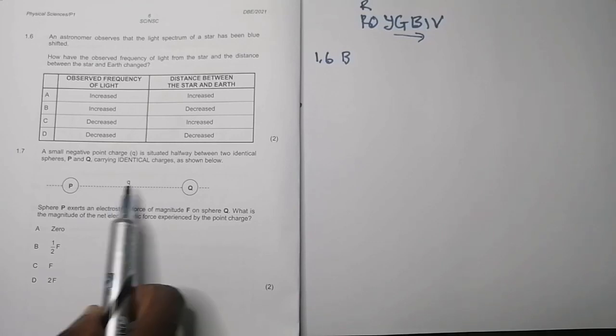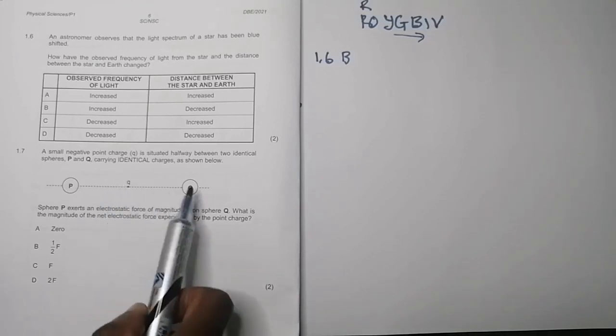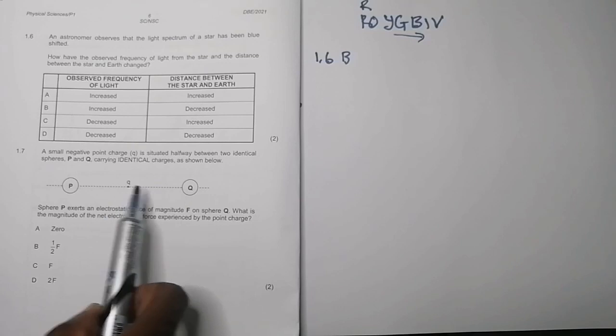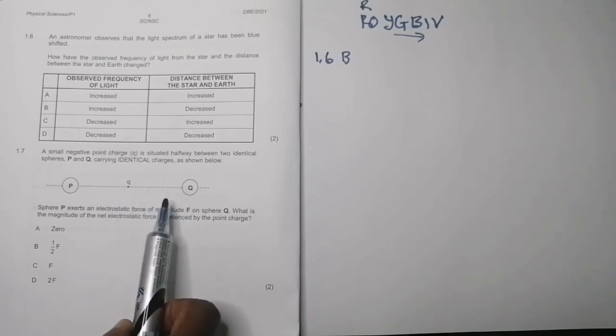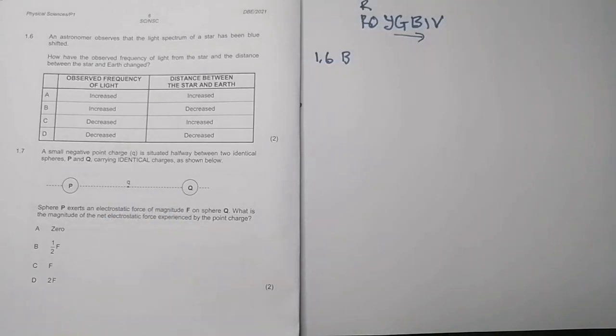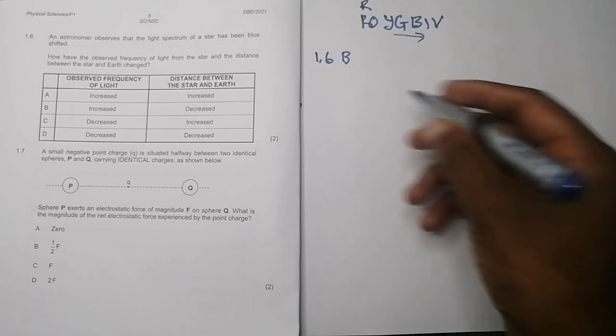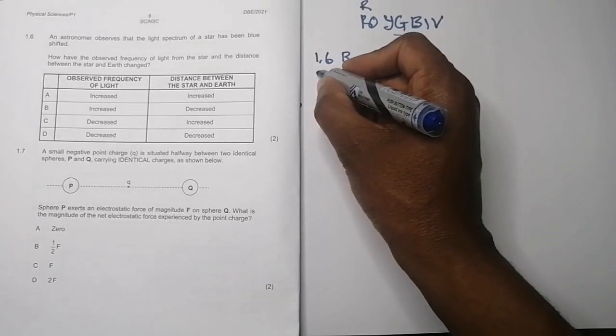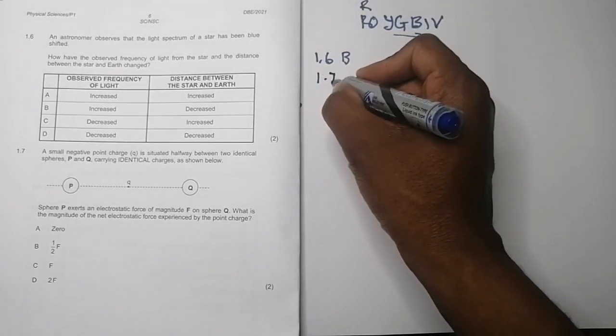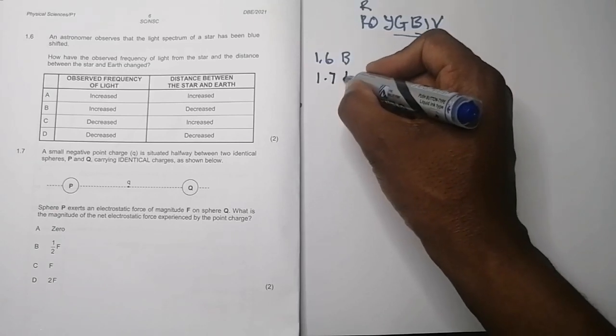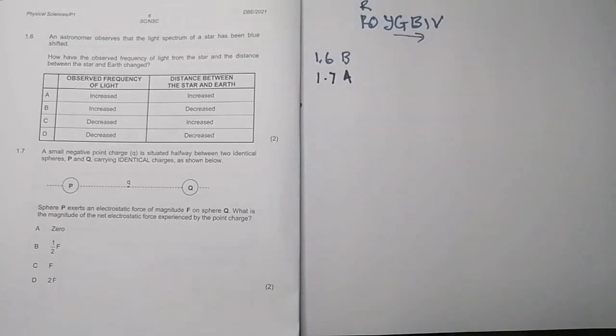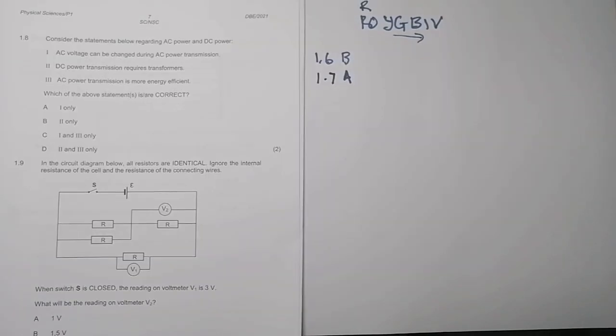But big Q is also attracting small q towards itself with the same magnitude of force. So the net force it will experience would actually be zero, because it has two forces that are opposing one another. So the option there should be option A, which is 0. Hope that makes sense.